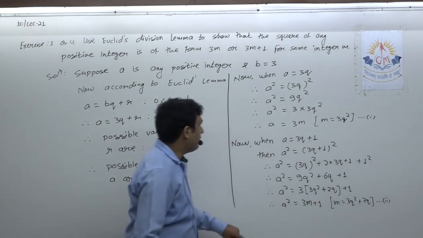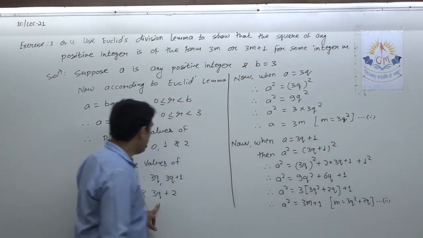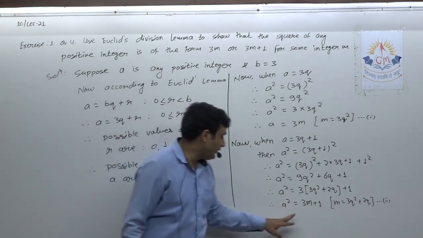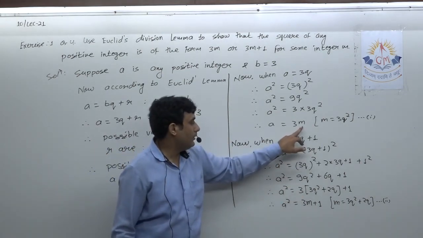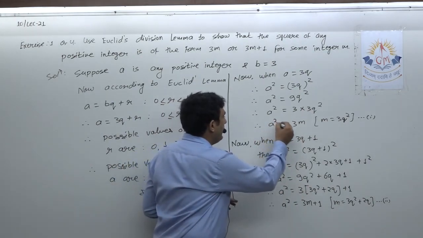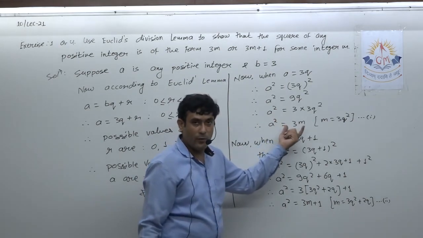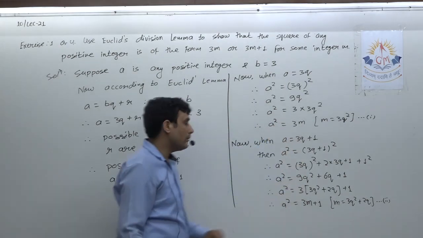Now in a similar way I will solve 3q plus 2, and definitely that will be either in this form or in this form, and then I can conclude that the square of any positive integer can be represented in the form of 3m or 3m plus 1.